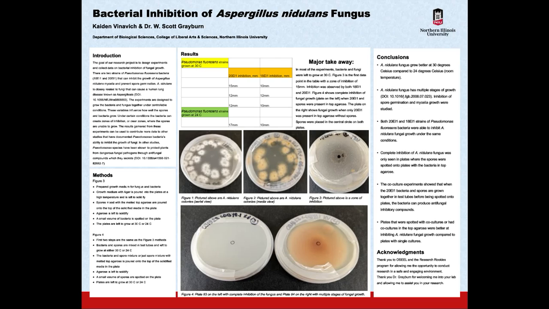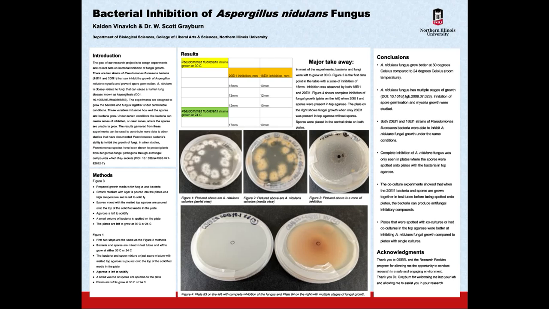So the plate to the right of it is under the exact same conditions, except that instead of there being a co-culture in the top agarose, there was only the 20EI1 bacteria. So this showed that the production of inhibitory compounds before being prepared on the plate leads to significant inhibition compared to no co-culture. And so this leads me into my overall conclusions from my research.